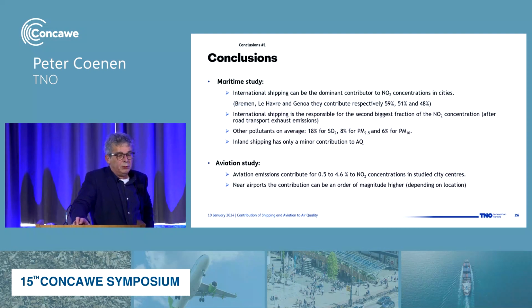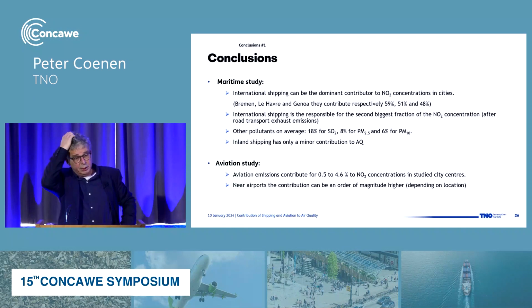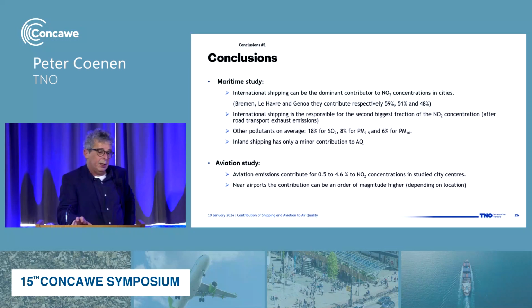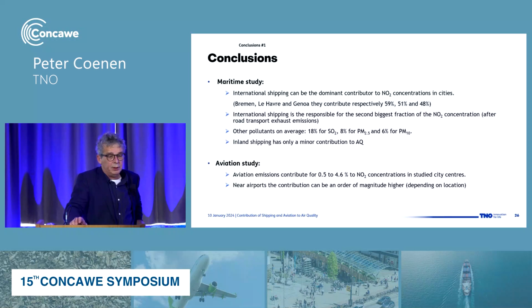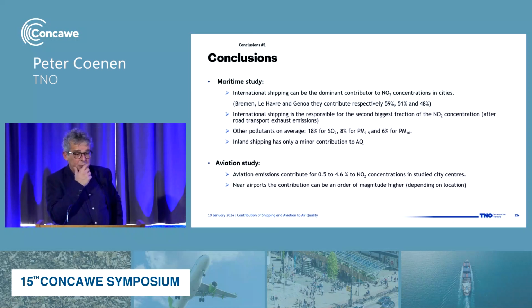So, coming to the conclusion, international shipping can be a dominant contributor to NO2 concentration in cities. The highest ones we calculated were Bremen, Le Havre, and Genova, with around 50% or more of the NO2 concentration explained by the international shipping emissions.